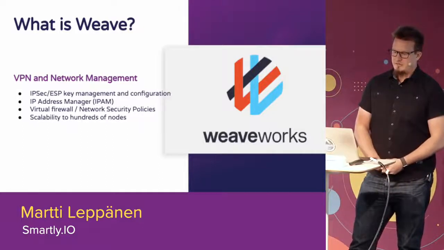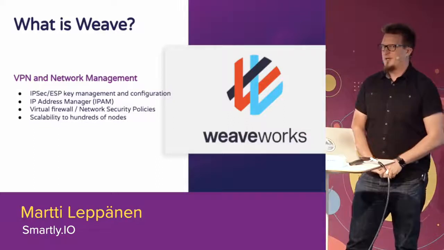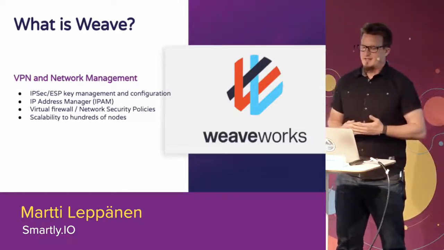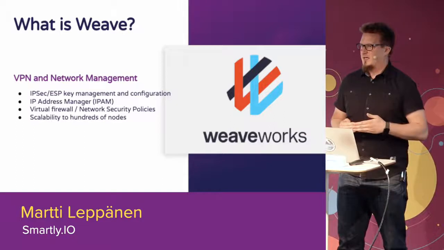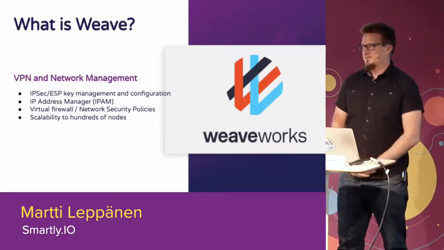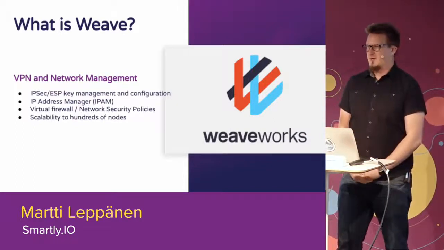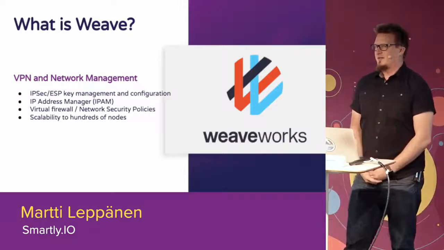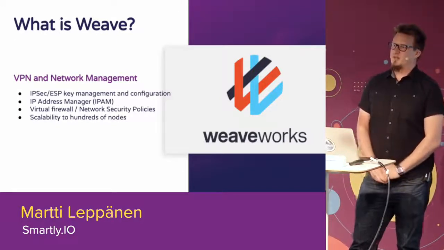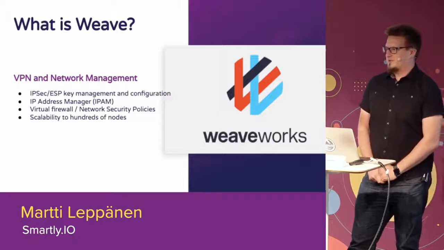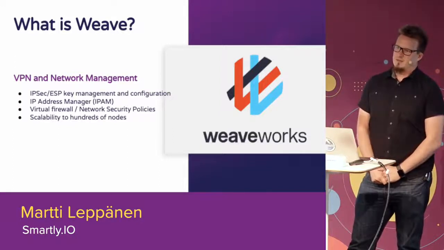And of course, Weave scales to hundreds of nodes, so it's easy to use, at least up to a few hundred nodes. But it's quite unclear where the scalability actually ends and what you have to do to be able to transfer huge amounts of data between nodes to make it work.